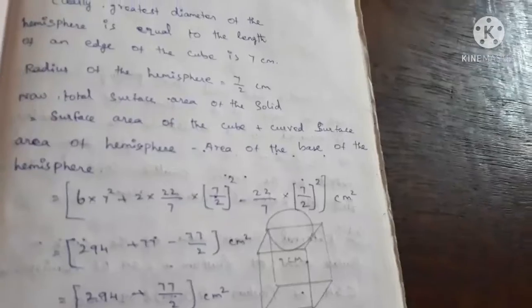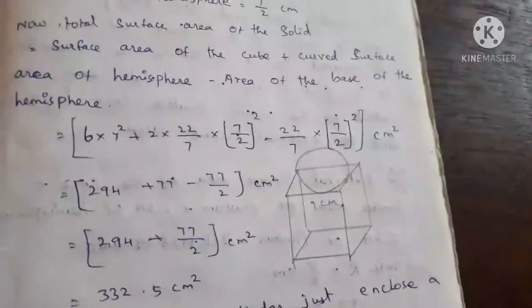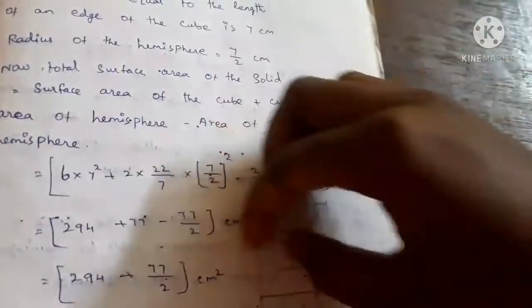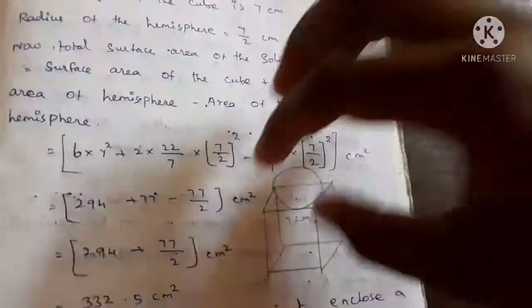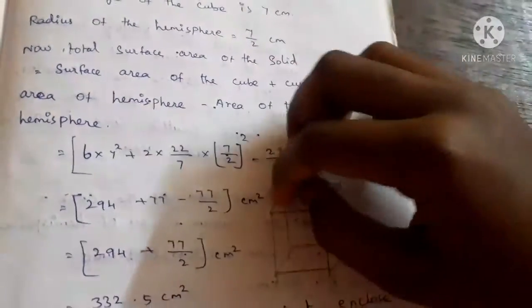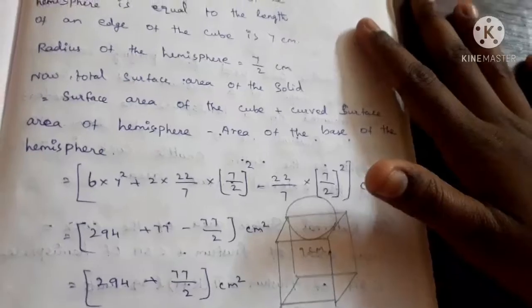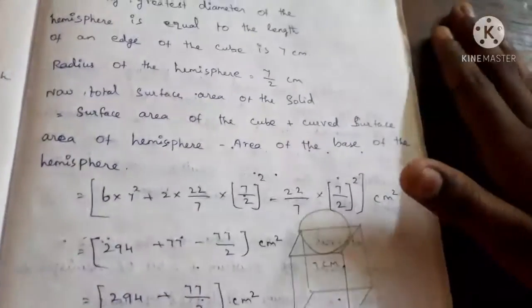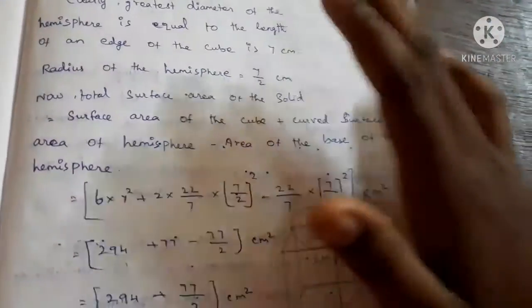If the hemisphere is surmounted, it is perfectly kept on the cube. You can imagine it like that. Then only can you find the diameter from that. The diameter and the edge of the cube are the same, which is 7.